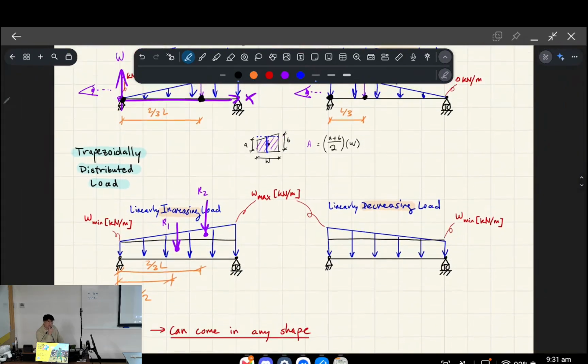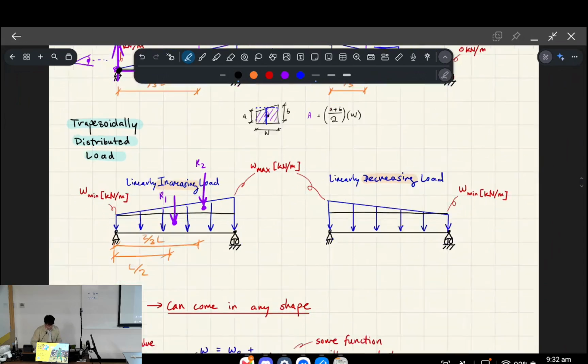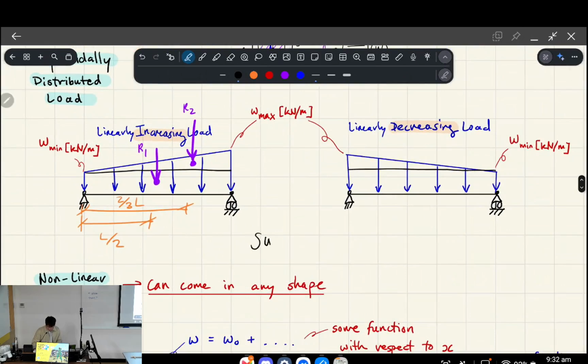Any questions so far? Yep. So when you're doing it, do you just treat them as two separate shapes? Yes. You can treat them as two separate shapes completely and add them together. And the reason it works, you'll see this word come up in many areas of physics, is the concept of superposition.